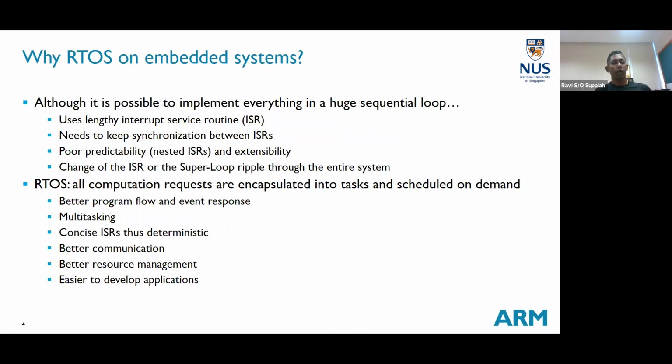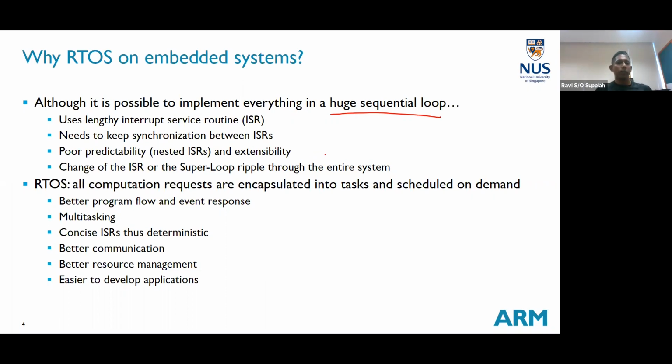So again, why we want an OS on embedded systems is basically to ensure that we do not have a very big loop, where you are trying to do one activity, function 1, function 2, function 3, and so on, and then you have so many interrupts. Interrupts help us to handle a lot of these time critical events.